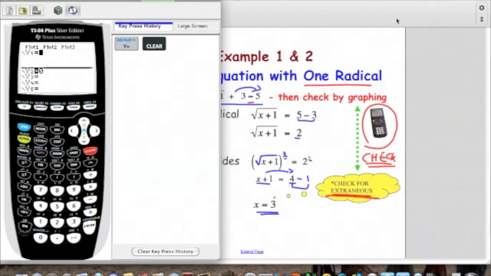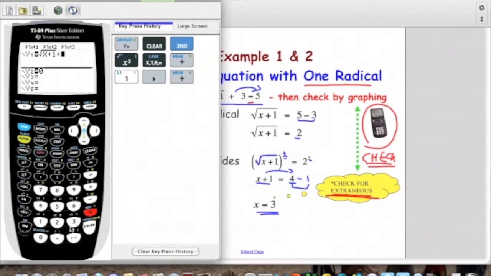So our equation for the first one is going to be the square root. So find your square root. So second square root. It's x plus 2, so x plus 1. All right, and then move outside. Plus 3.